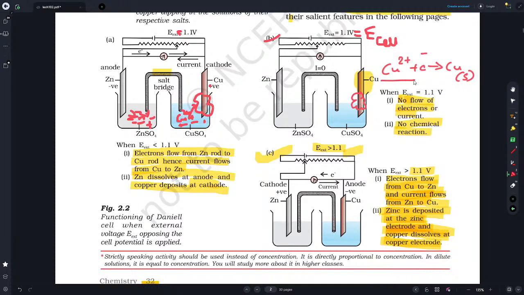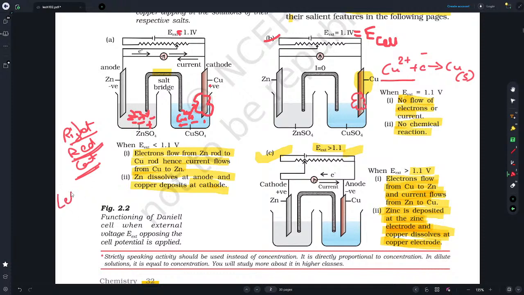This is the reduction reaction. As such, it is the right side. This is the standard convention representing cathode on the right side of the cell. Cathode, reduction, right side: right red cat.